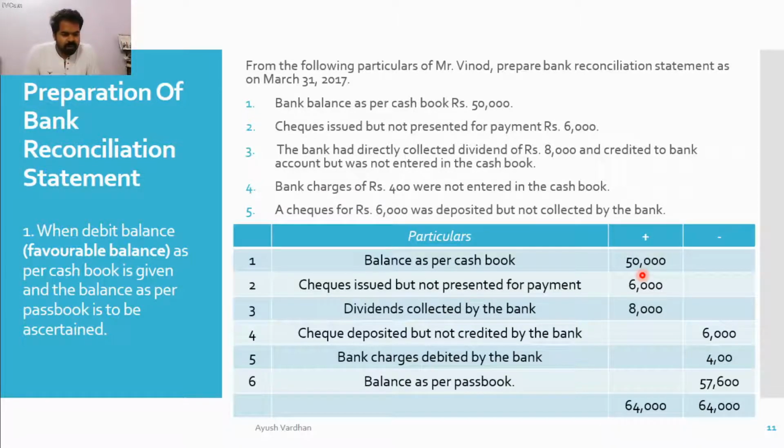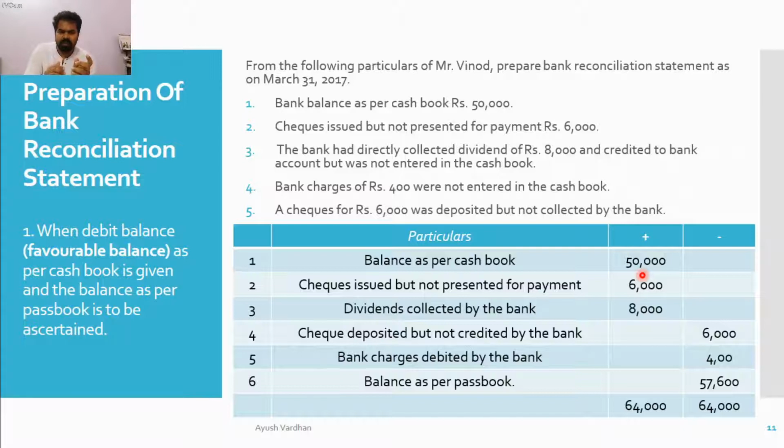So what happens here is the entry will be in the positive. Why? Because this has not been presented in the bank, and the rupees have not been drawn from the bank. Okay, so these are some extra rupees in the cash book. So here the cash book is in the positive.